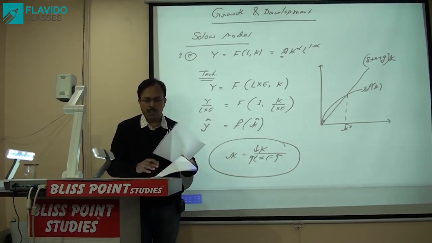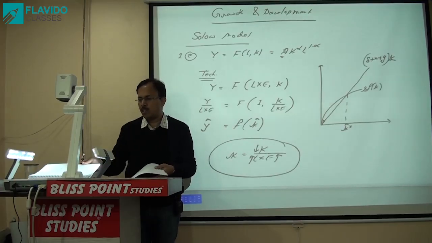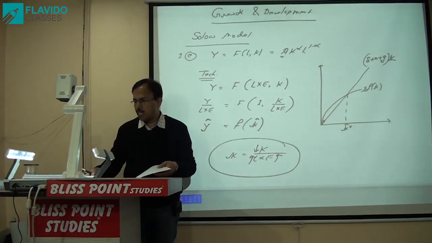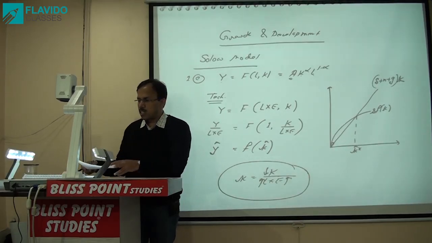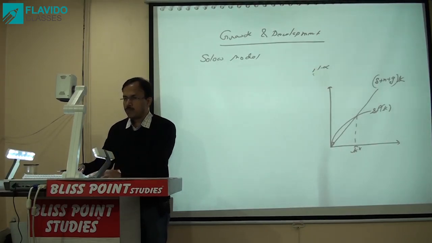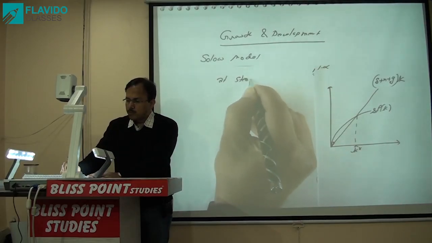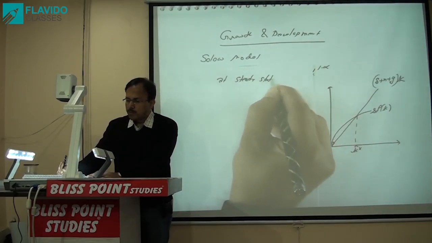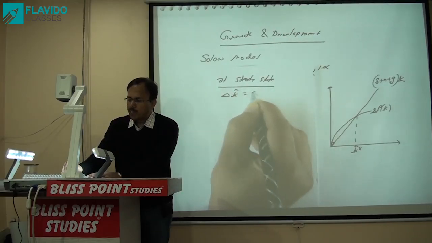At steady state which values are fixed? This is the steady state stock of capital. So the stock of capital at steady state is constant. Remember? At steady state there is no change in capital per effective worker. It is zero.